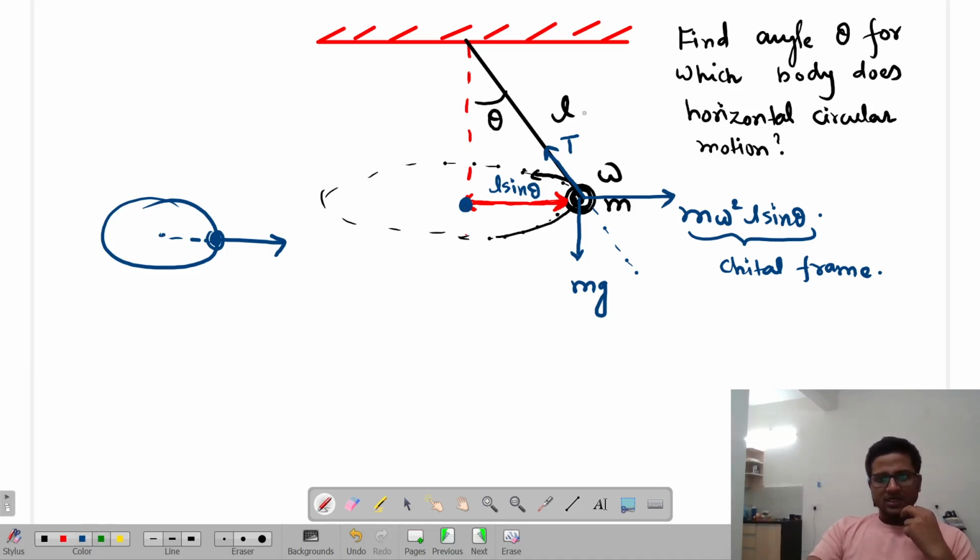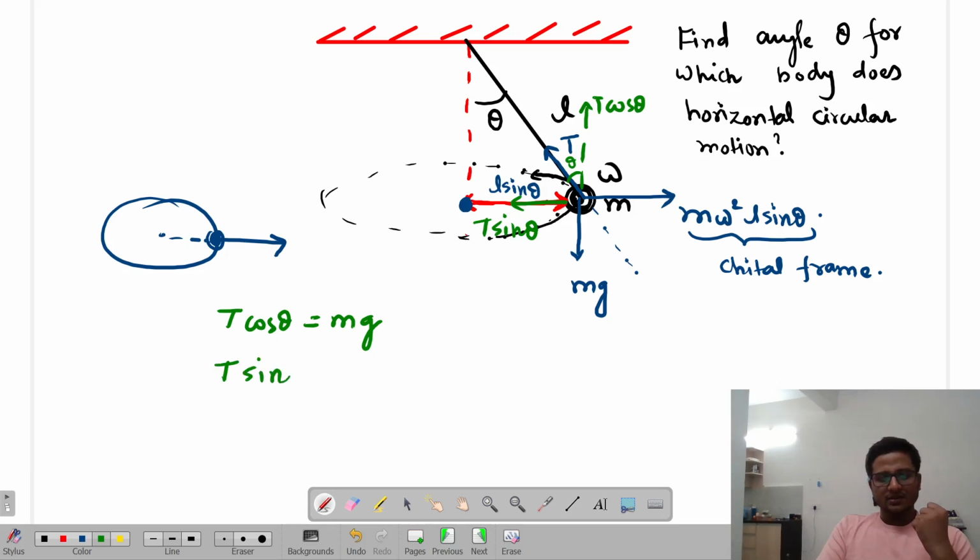Okay, so now if I consider tension T, it appears that this tension can have two components. One will be T cos theta, and this will be T sine theta. So I can write T cos theta is equal to mg, and T sine theta is equal to m omega square L sine theta.